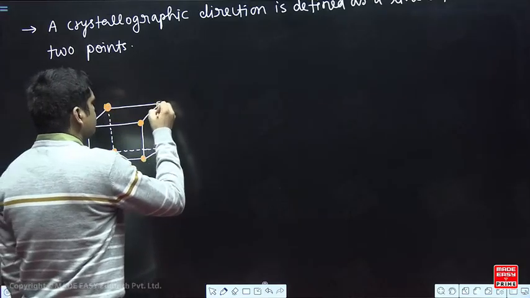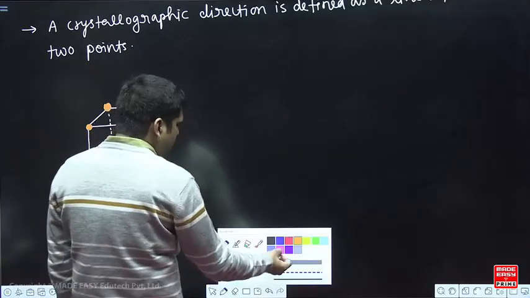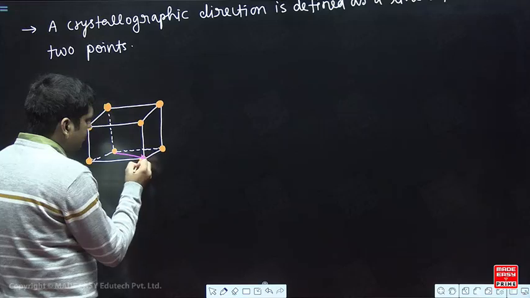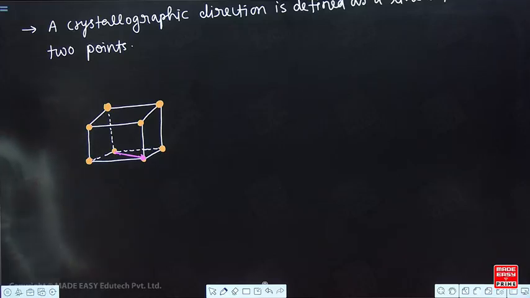I am taking it as a simple cubic crystal structure. Now suppose we want to calculate Miller indices for this direction which I am showing. We want to calculate the Miller index for this direction.